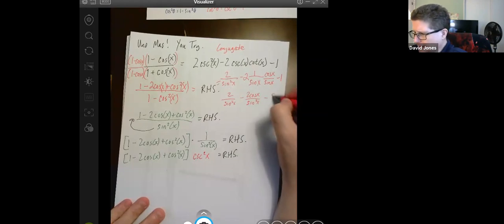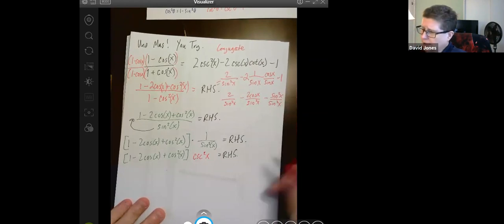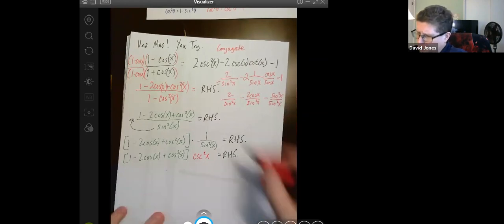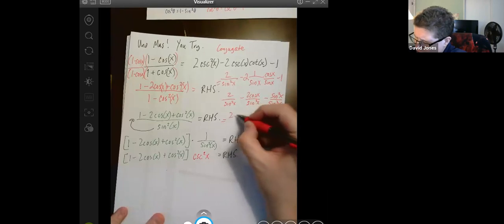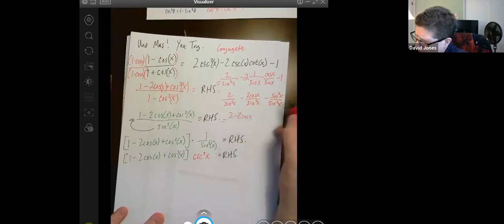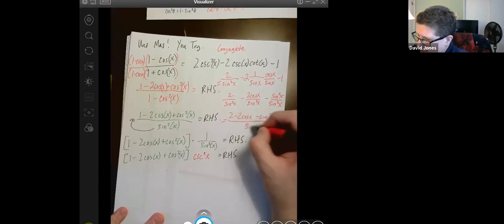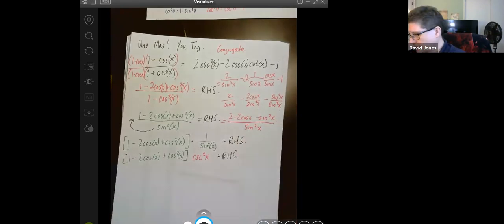Maybe let's get a common denominator, sine squared x. Which means this right-hand side is 2 minus 2 cosine x minus sine squared x over sine squared x. That helps me actually quite a bit.